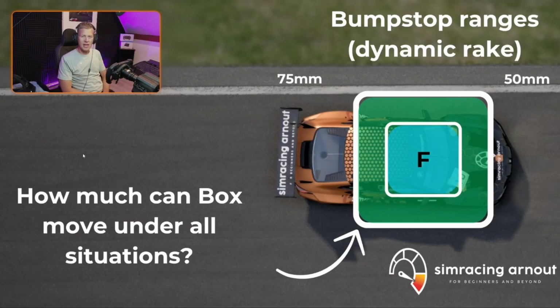To clarify even more, we look at this box, we create it, we still have these ride heights, but we decrease the bump stop ranges, so the force box is not allowed to go backward that much, and under high speed situations it is allowed to move forward a bit more.